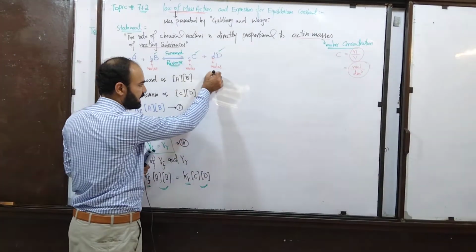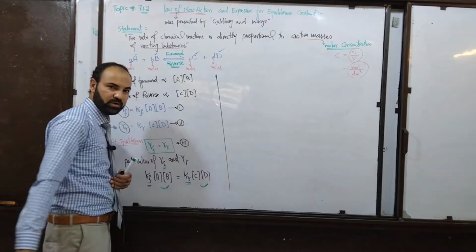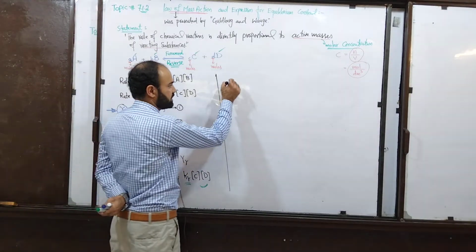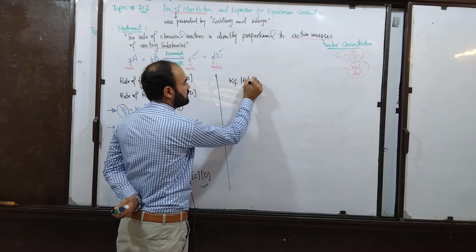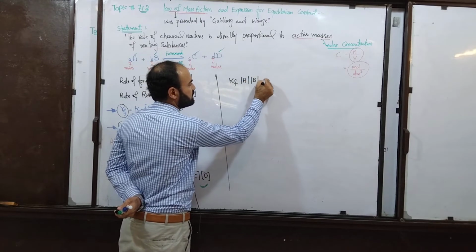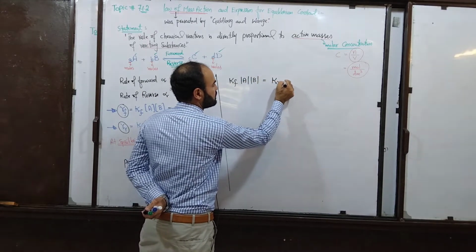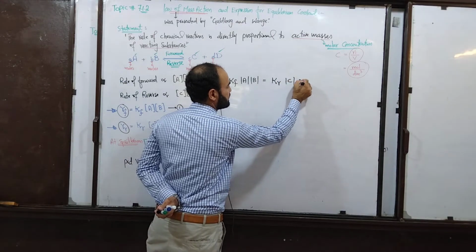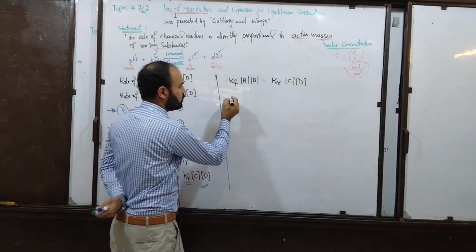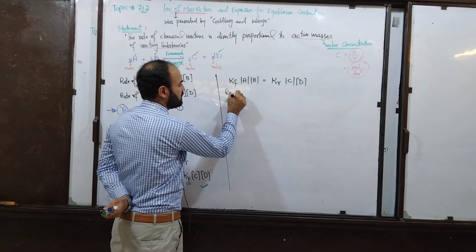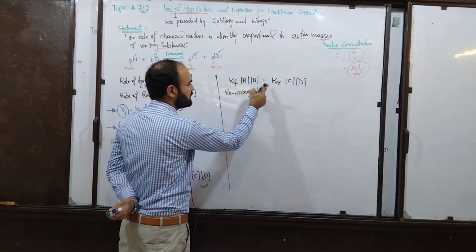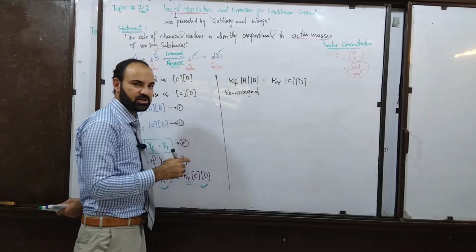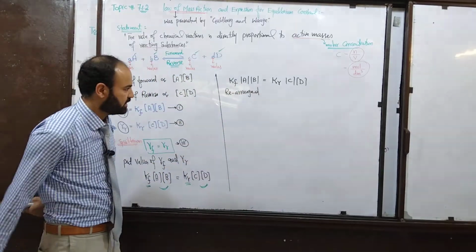So what we get, look students, I will write the equation again: Kf, concentration of A, concentration of B, is equal to the constant for the reverse reaction, concentration of C and concentration of D. So we will rearrange this. How do we rearrange this? We will move constants on one side and the concentrations of reactants and products on the other side of the equation.